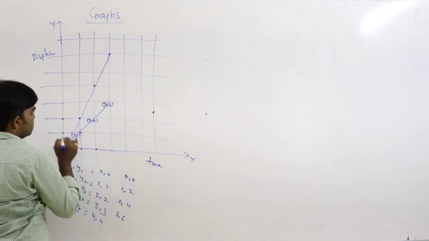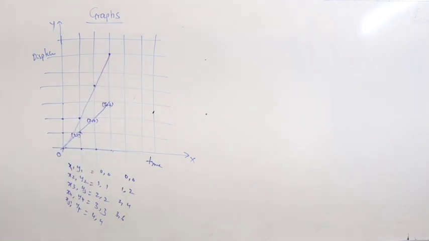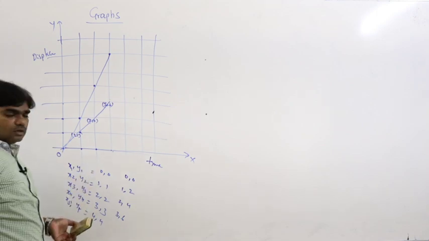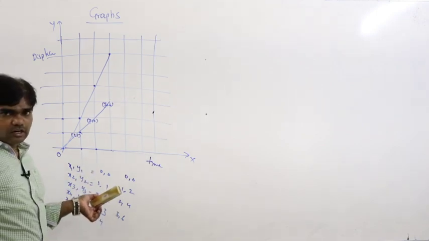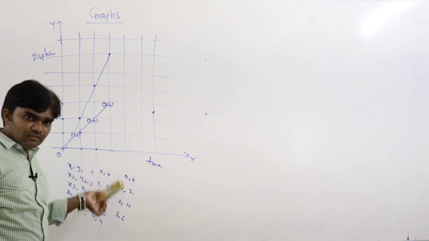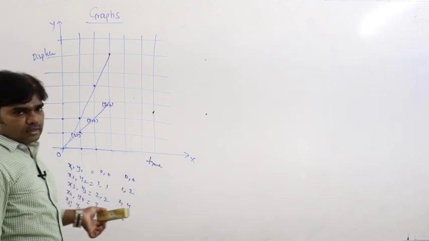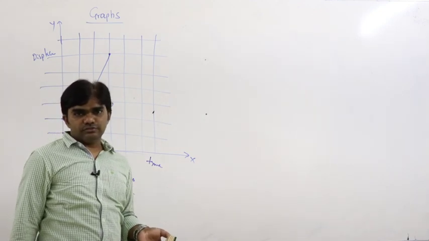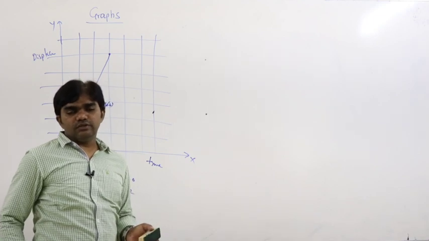If you draw the graph like this, that is a way to draw on graph paper. In the same way, we will discuss the shape of the graph for different conditions of the body.